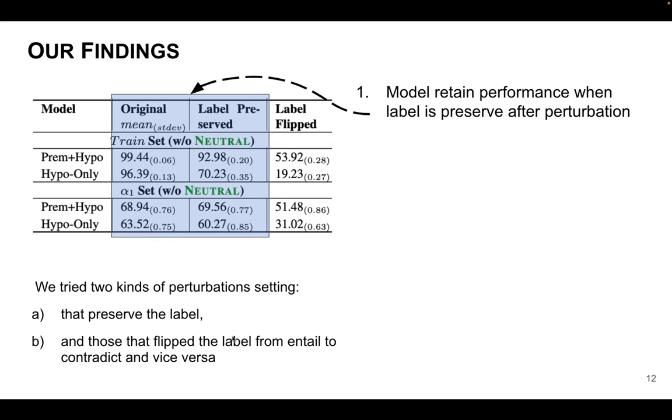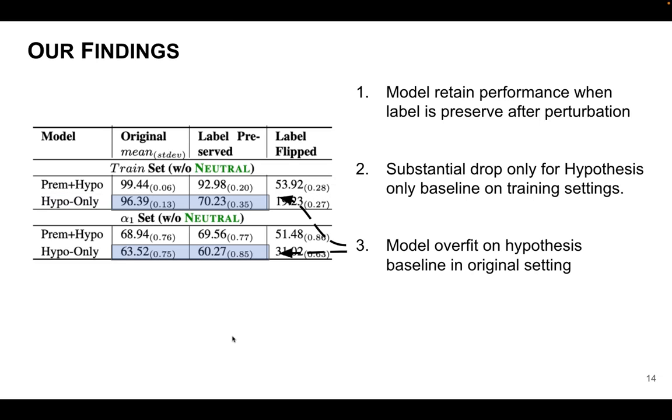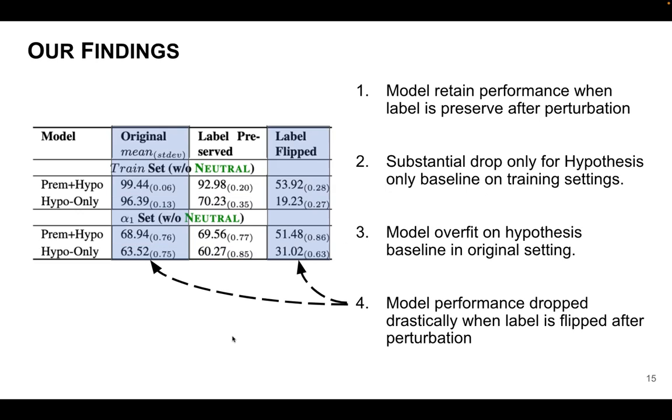We observe that for the label-preserved examples, the performance doesn't drop drastically. The performance only drops drastically for the hypothesis-only models, where just the hypothesis is used. This indicates that the model is somewhat overfitting on the hypothesis for making predictions. It's not using the premise properly.